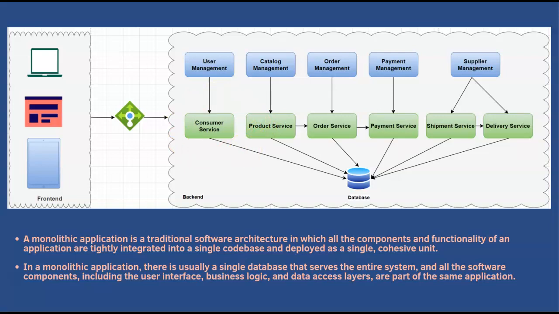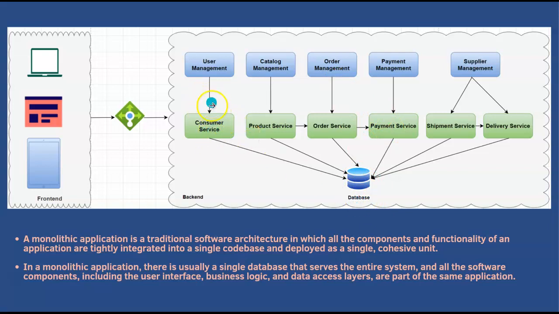So this application has multiple modules. It has a user management module, catalog management, order management, payment management, supplier management, and all these modules you can see here are part of the single deployable unit. They are all part of the single code base, and all these modules and their respective services access a single, centralized database.